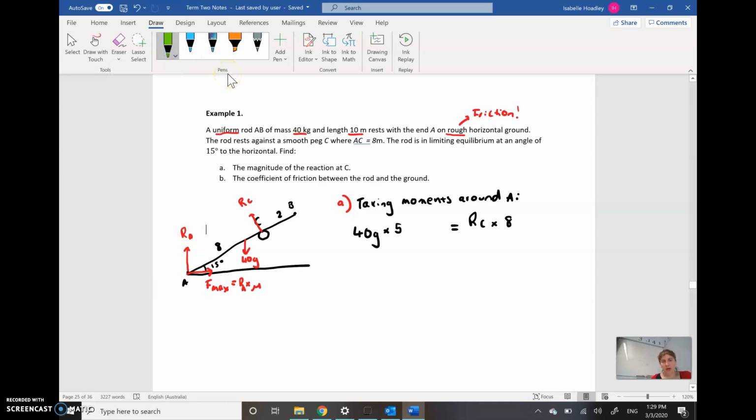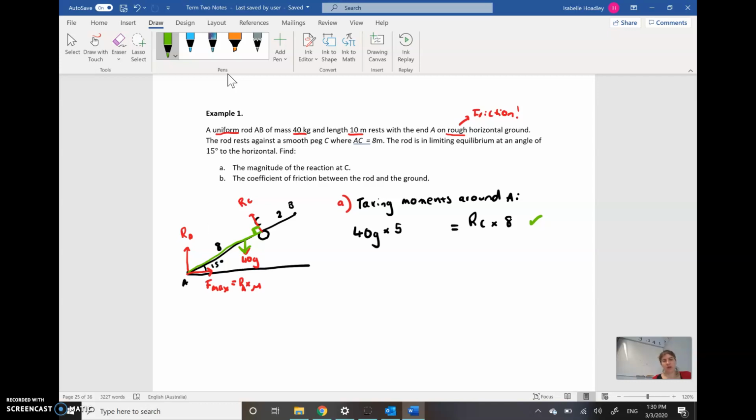So if we make a 90-degree angle there, that RC is at 90 degrees from A. And our perpendicular distance is just that distance between the 90-degree angle and A, which is 8. So that's done, that's fine. Now this 40g times 5, that is not at a 90-degree angle to A.